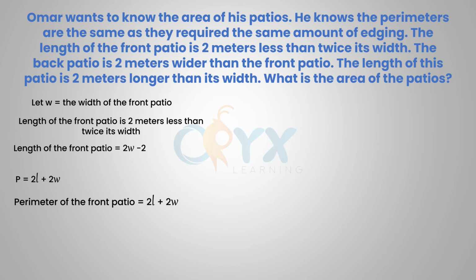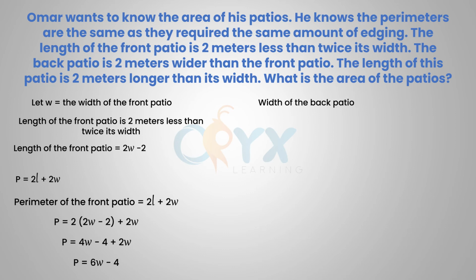And if we substitute in our values, the perimeter becomes 2 times the quantity 2W minus 2 plus 2W. If we distribute the 2 times 2 is 4, so we get 4W minus 4 plus 2W. Combine our like terms, 4W plus 2W gives me 6W minus 4 as our perimeter.